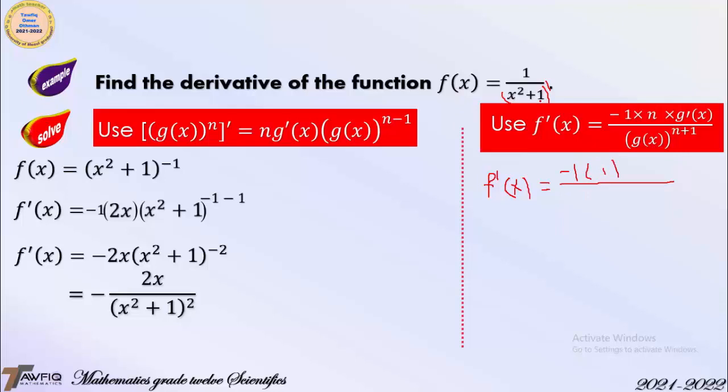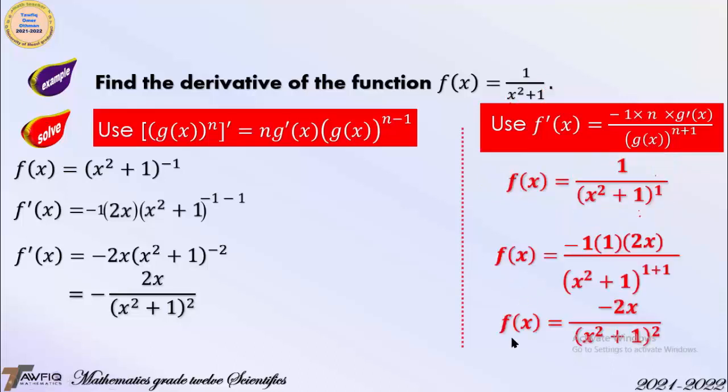Then take the derivative of the inside of the bracket, which is 2x, and then write the denominator without changing, x squared plus 1, and add to the power 1, 1 plus 1. Then it becomes f'(x) equals minus 2x over (x squared plus 1) squared.